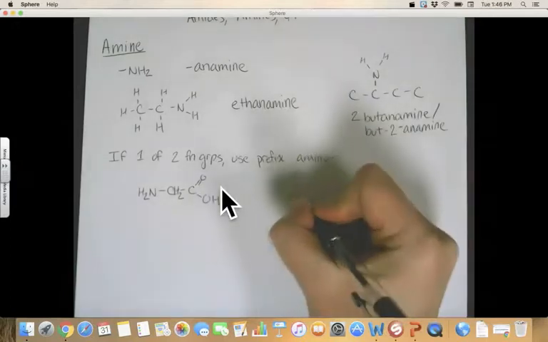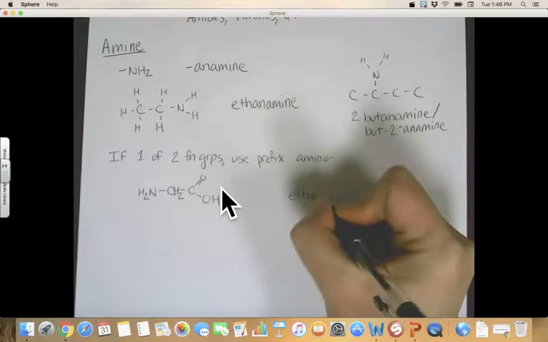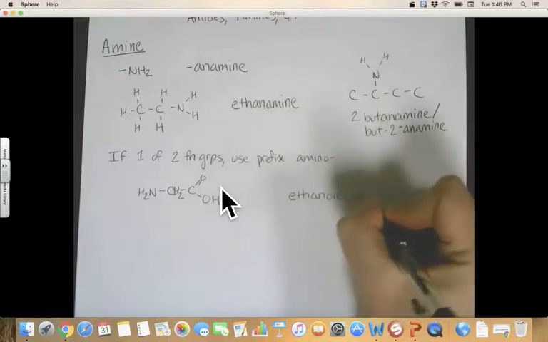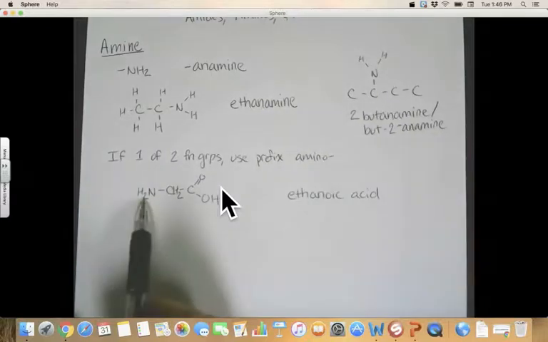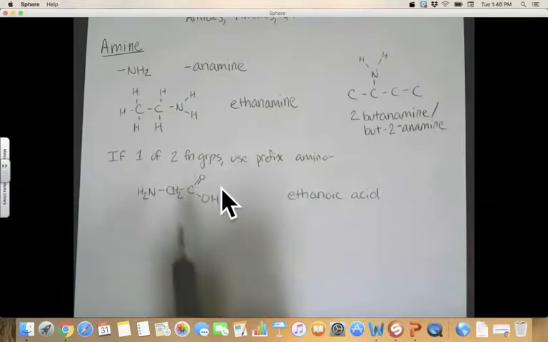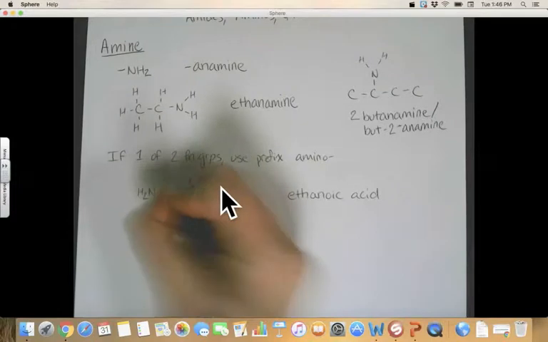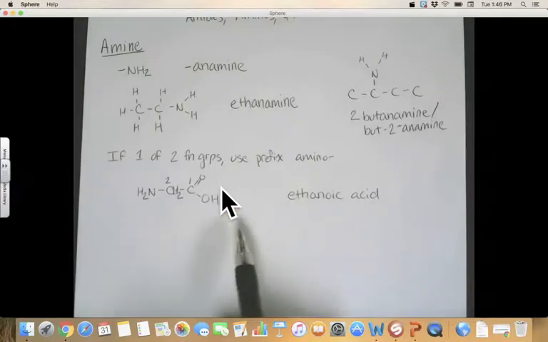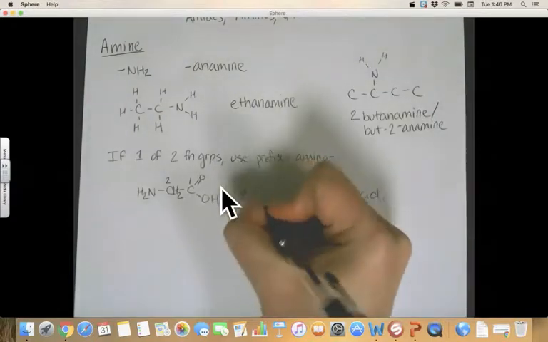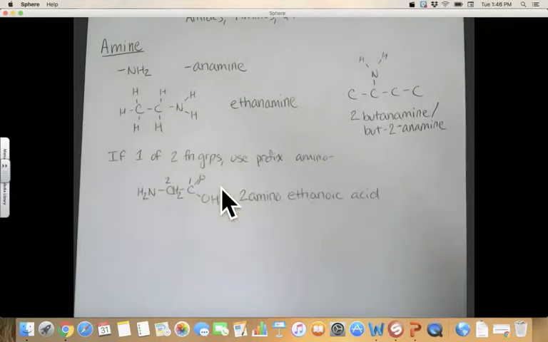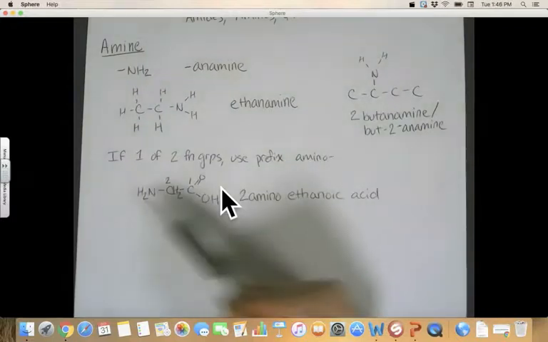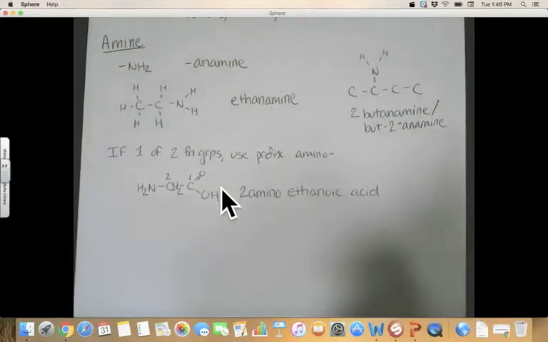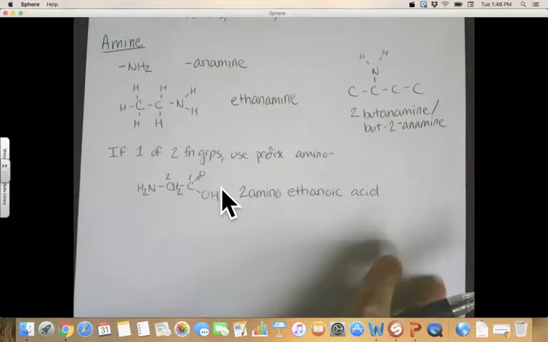So this is ethanoic acid, but to denote the amine, we're going to put amino in front, and we're going to number our carbons. So this is going to be carbon 1, carbon 2, since the carboxylic acid is going to kind of take precedence. So 2-aminoethanoic acid. I wonder what functional groups are in amino acids. Just tossing that out there. We might come back around to that.